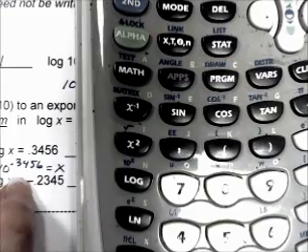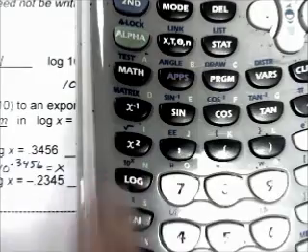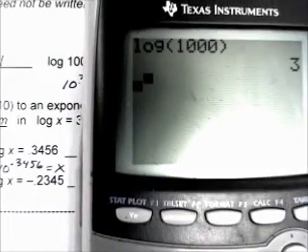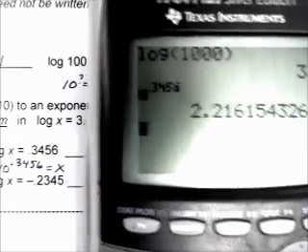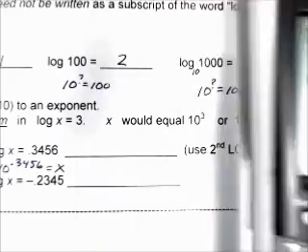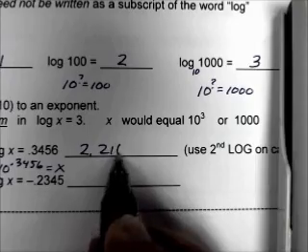We're looking for 10 to the 0.3456. So I key in second log and then 0.3456. Rounding to 4 decimal places, we get 2.2162.